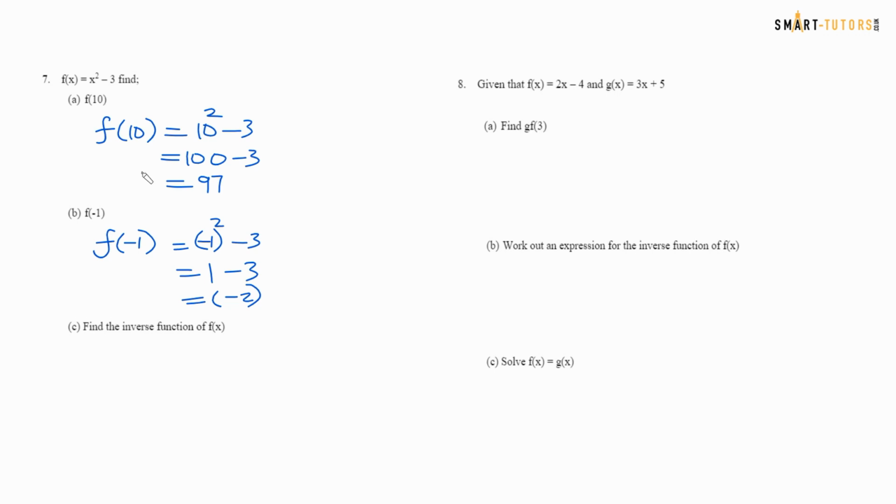Find the inverse function of fx. So the inverse function of fx means you need to follow the 4-step method. So y equals x squared minus 3. So x equals y squared minus 3. So y squared equals x plus 3.